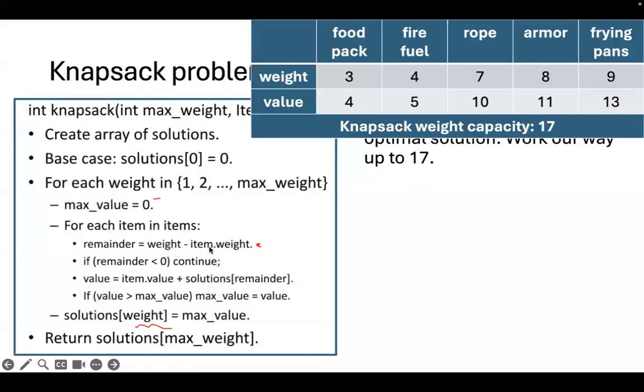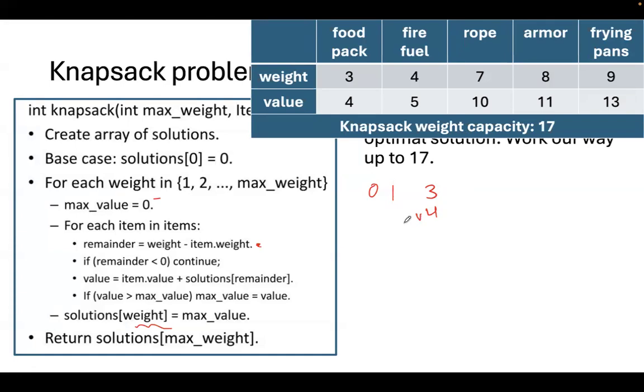Okay, so we start with the low capacity, a knapsack weight of 0 and then a knapsack weight of 1. And obviously for our example, until we get to a weight of 3, there's really nothing we can do. At 3, we have a value of 4. But at each step, we consider all the possibilities.